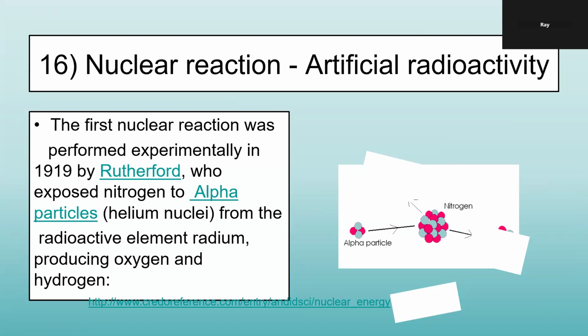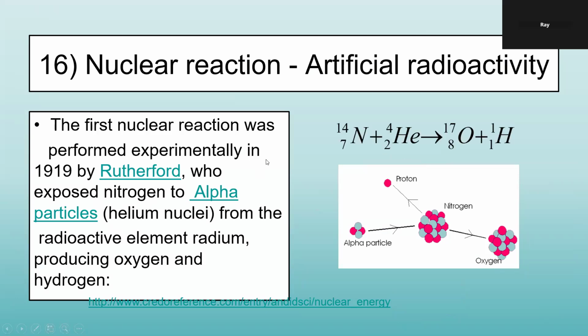So the end products are oxygen and a proton. There's a nuclear equation that you need to know how to write: nitrogen, helium, oxygen, proton.